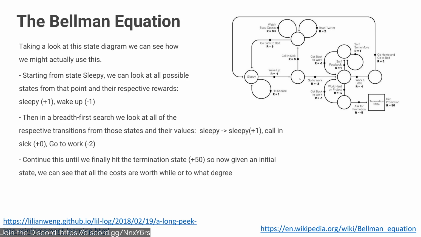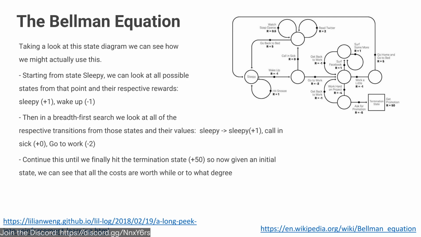We're now in this state of wake up. In the state of wake up, the value is going to be equal to the value of sleepy plus this value of wake up. And the value of wake up is going to be determined by these possible -2 go to work and all the things that go beyond it. And so now we can see that the value of being in sleepy is -2 because of go to work, say our discount factor is 1. We've just added that.